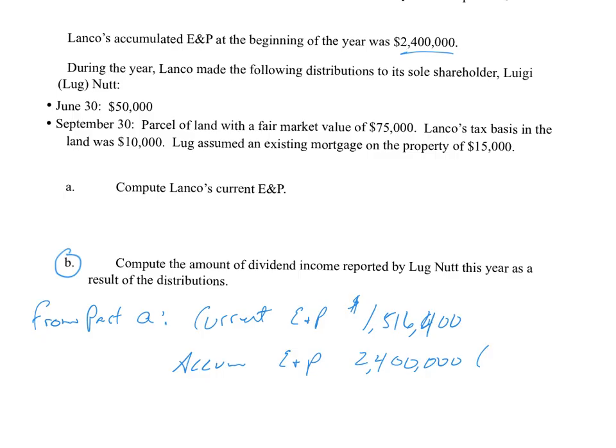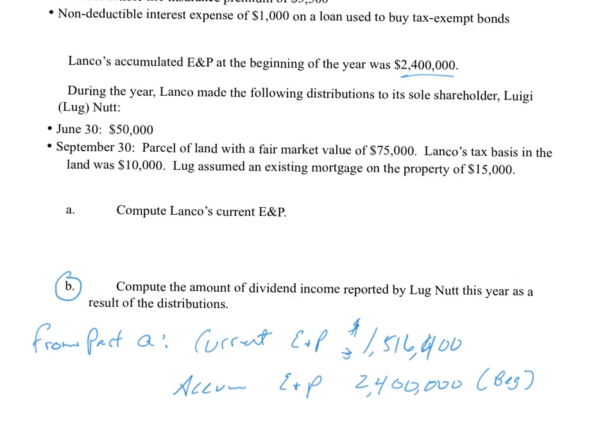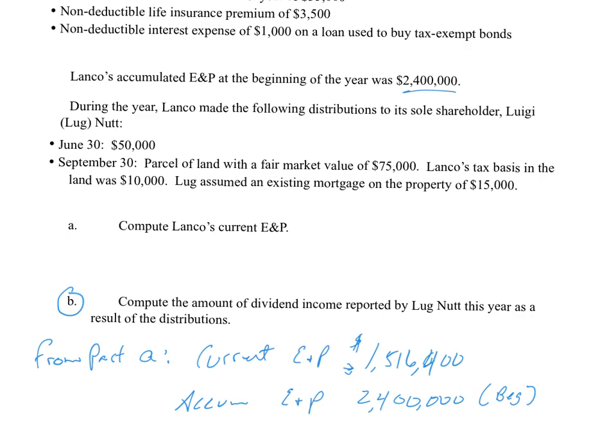It's important to note that this was the beginning of the year. Even so, we can see that current E&P was positive. And if we look at our distributions, they are not enormous relative to our current earnings and profits. So let's take a look at what we have distribution-wise.